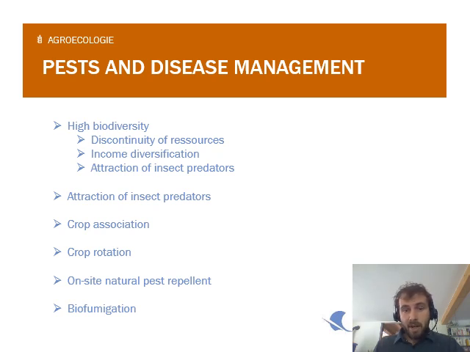We plant crops to attract these beneficiaries, and we give refuges to these beneficiaries, so it can be stone barriers and things like this. We use crop association, we use crop rotation, we use biopesticide, so the different ones that we saw in this lecture, and we use biofumigation.